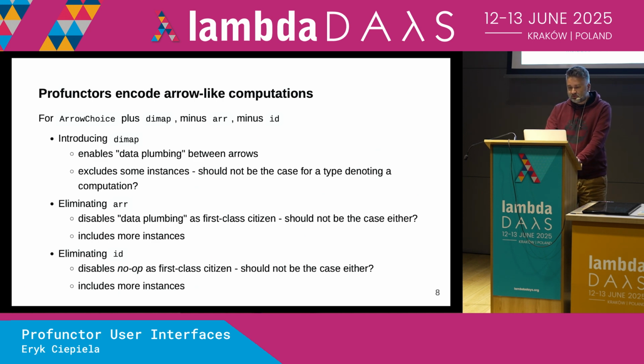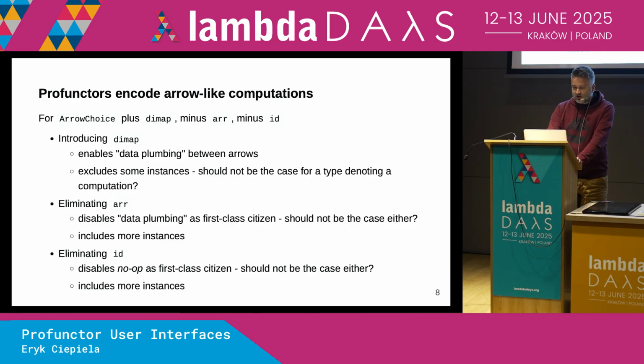By introducing dimap, we enable data plumbing between the arrows. It excludes maybe some instances as compared to arrows, but this should not be the case for classes that encode some notion of computation, because it's hard to imagine a computation without being able to do dimap.